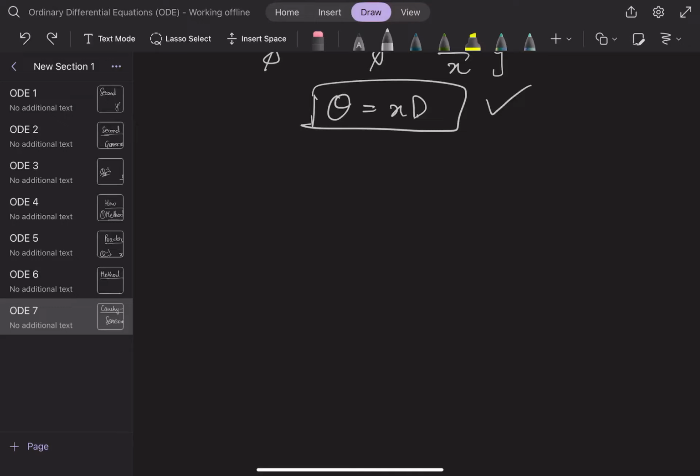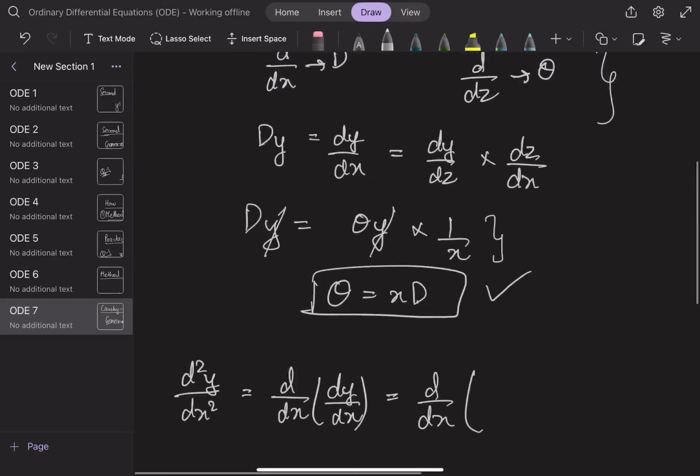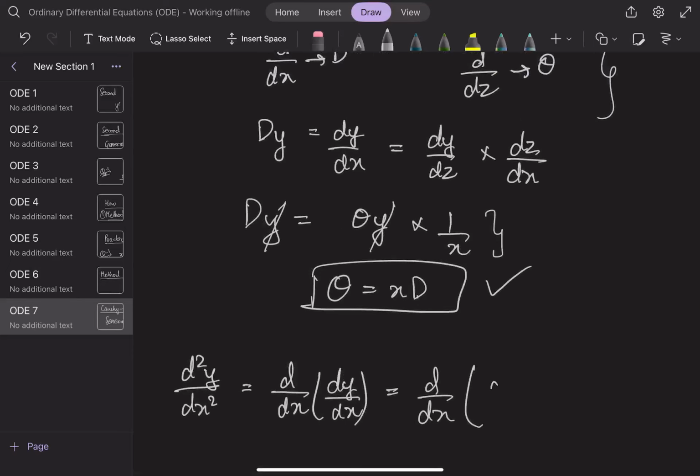Similarly, let's find what D square is. So d2y upon dx2. This is basically d by dx of dy by dx, right? So we can write this as d by dx of dy by dz times dz by dx, as we did over here.